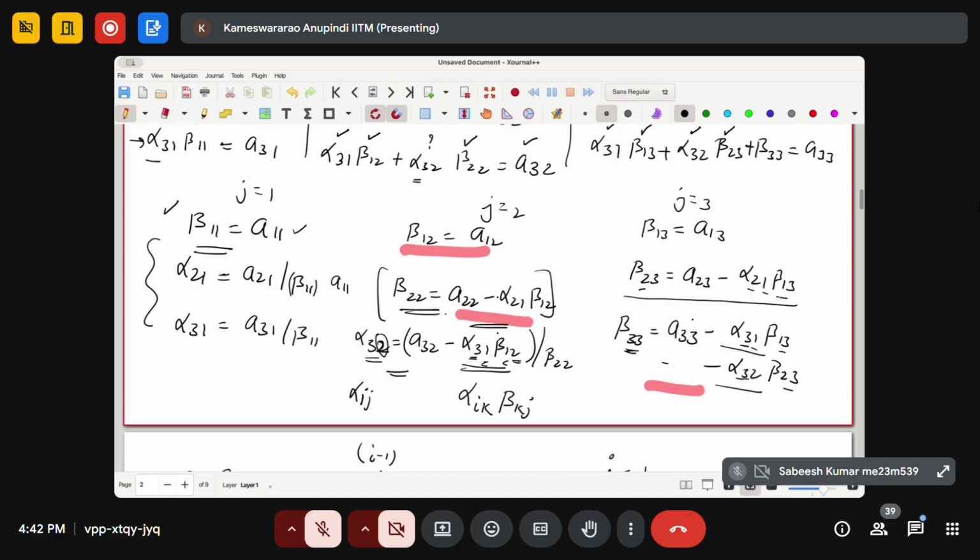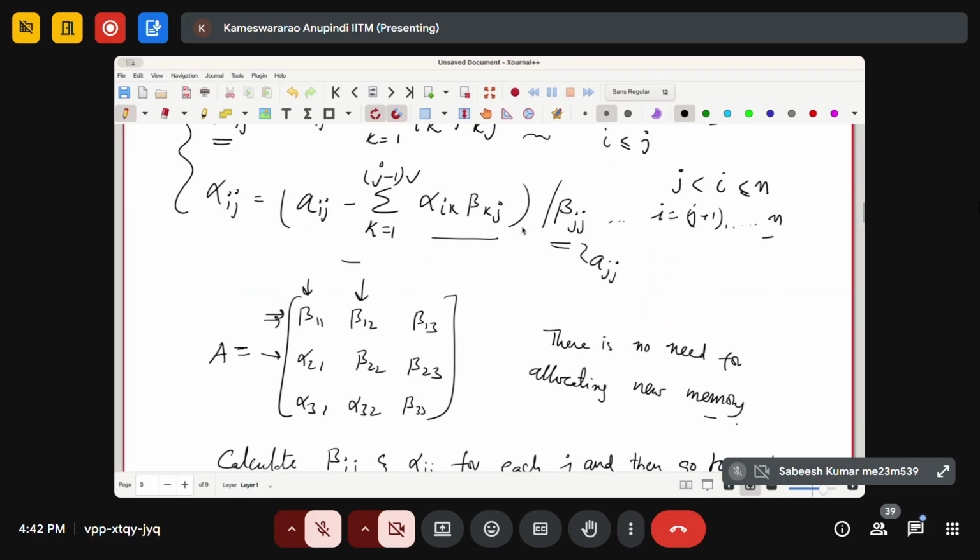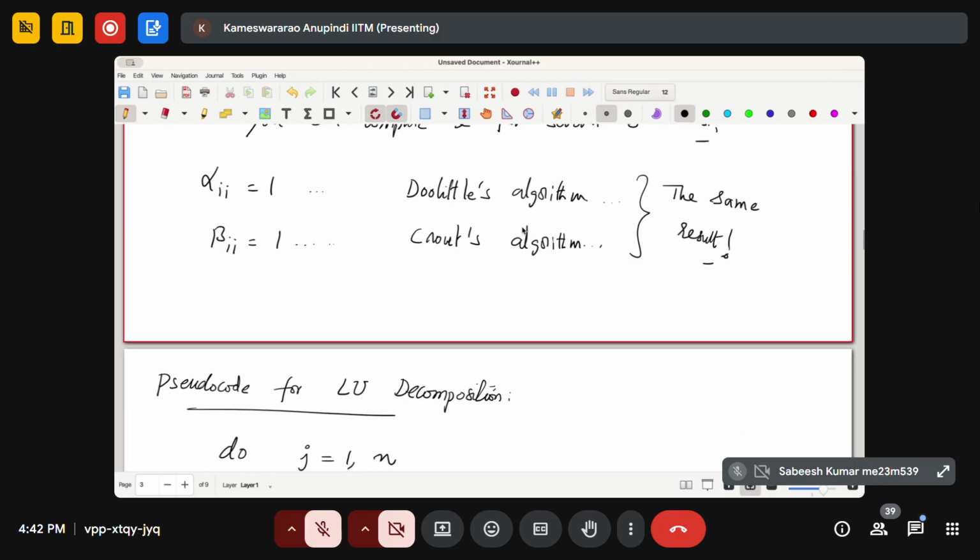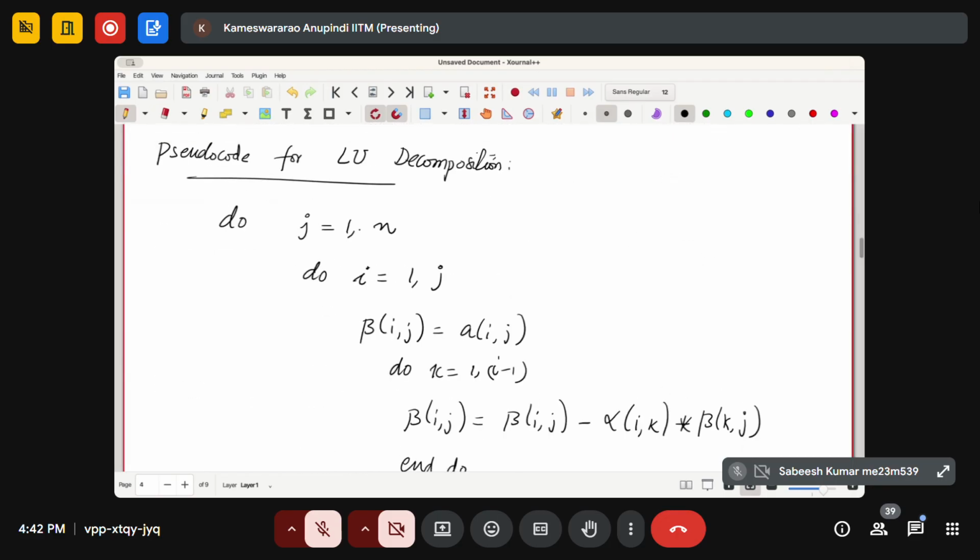No, it's not going to be a problem because we have written the general algorithm. Although we have not written it out, if this was 4 by 4, we would have had more terms come up here. So it's not going to be a problem. Even let us take beta 1, 2. That means we are looking at j equals 2. So let's go back and see what this is going to do. j equals 2.